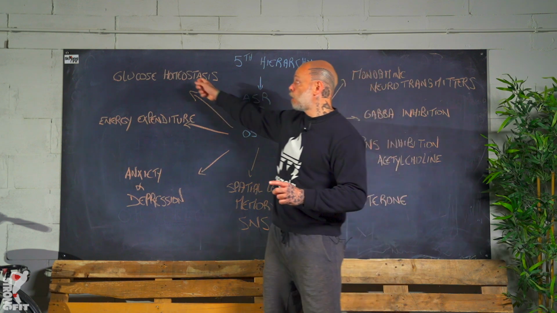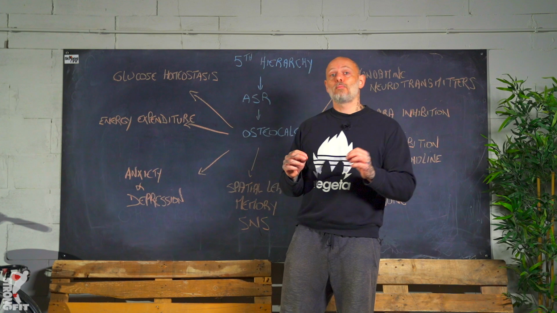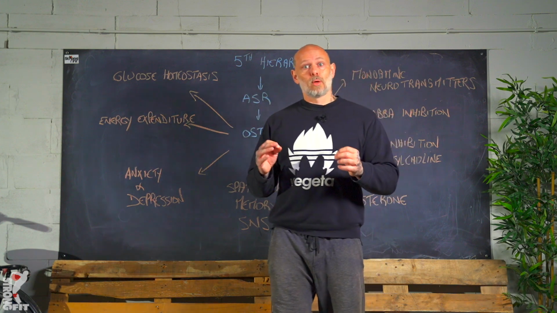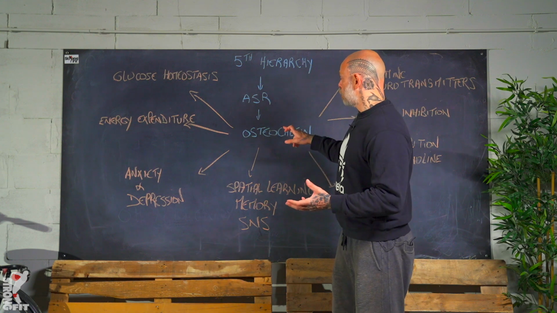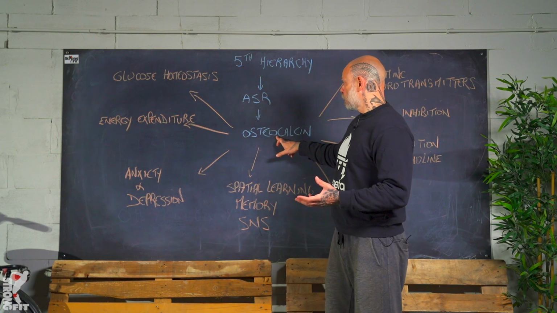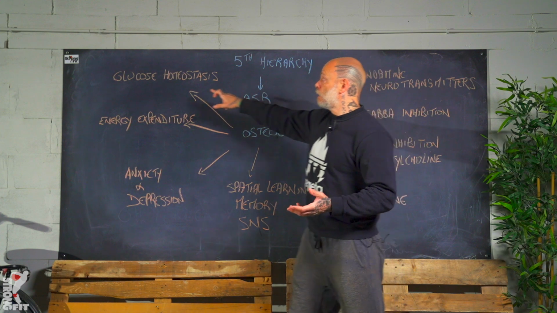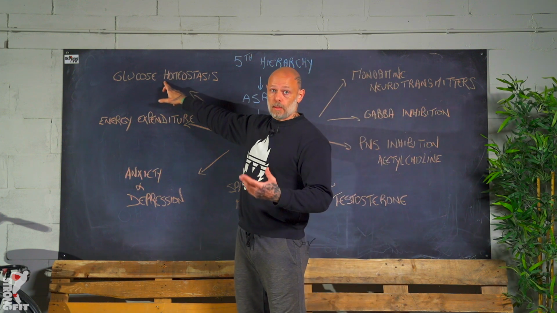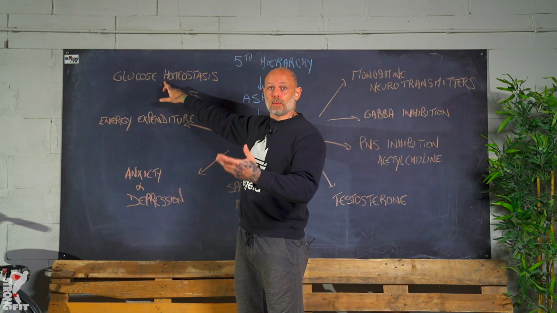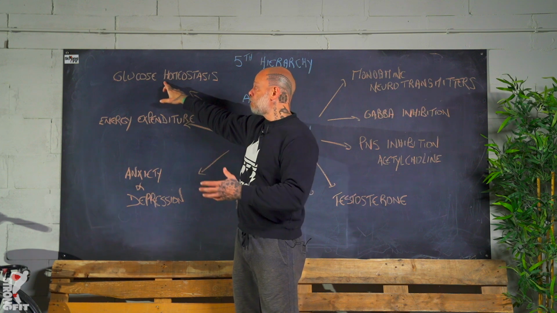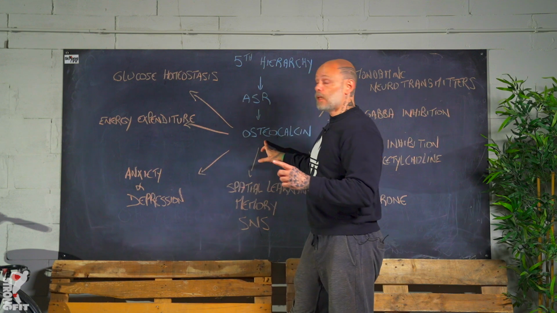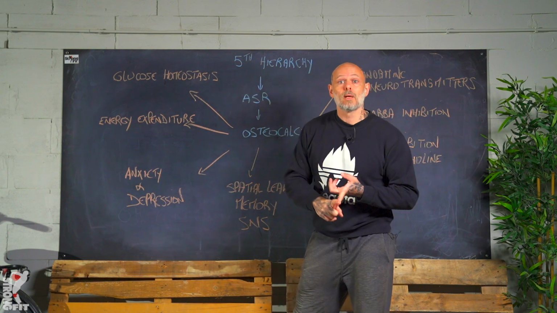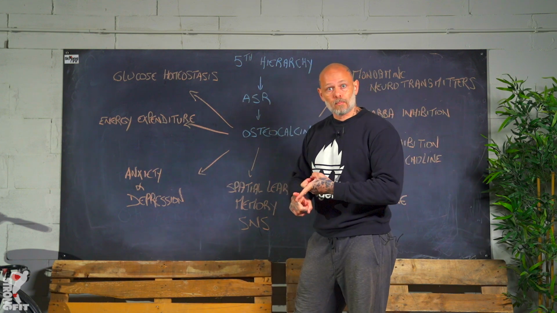Because it's in charge of the glucose homeostasis, how much blood glucose there is. So we saw two things out of it. We saw that if the osteocalcin levels are high, we see lower blood glucose, and then we see a resistance to diabetes, we see a resistance to all that stuff, we see a resistance to being fat. So mice with high levels of osteocalcin were resistant to fat gain.